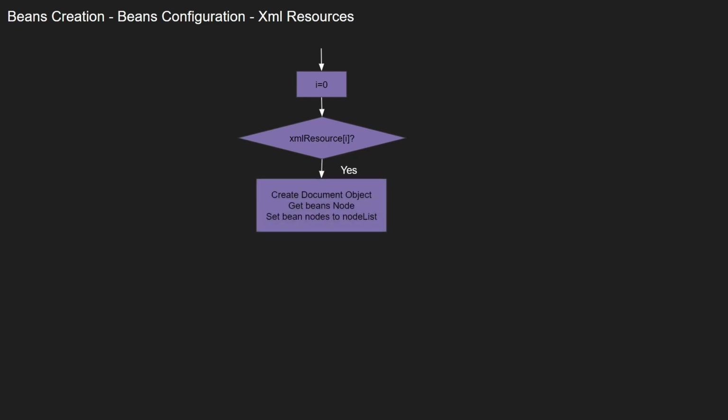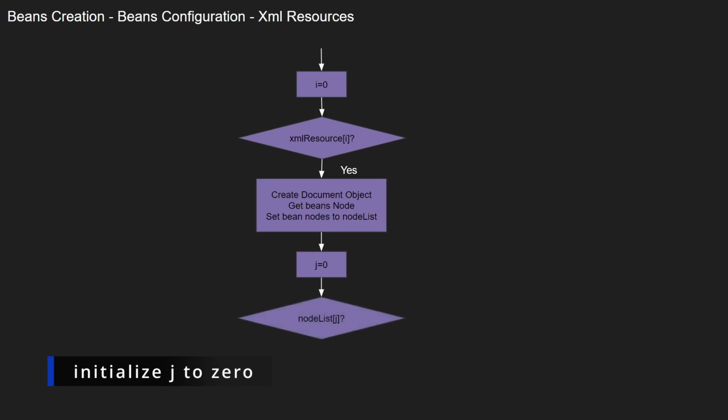If there is, then create an object of class document. From this document class, get the node whose tag name is beans, and from these beans get all the nodes that are defined within these beans node and add them in a node list, and then initialize j to 1 for each of these node list.